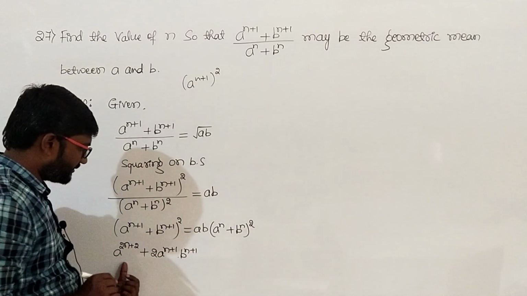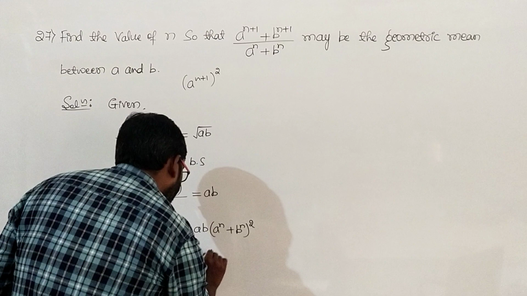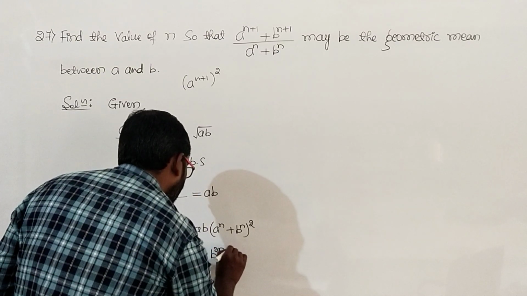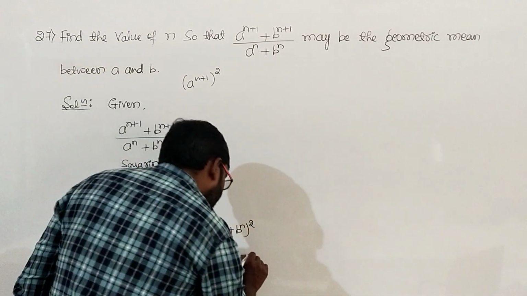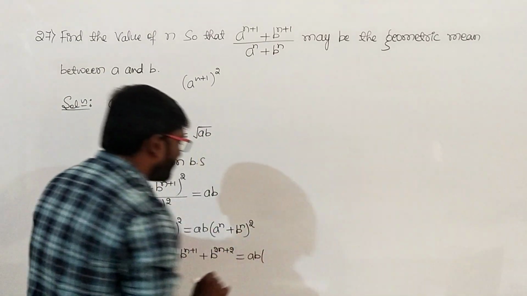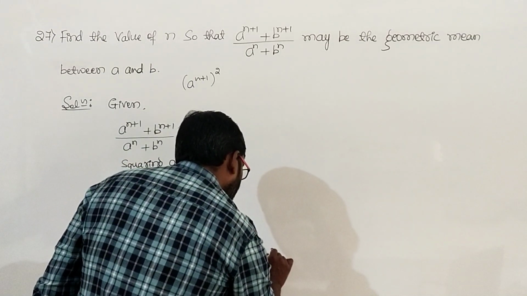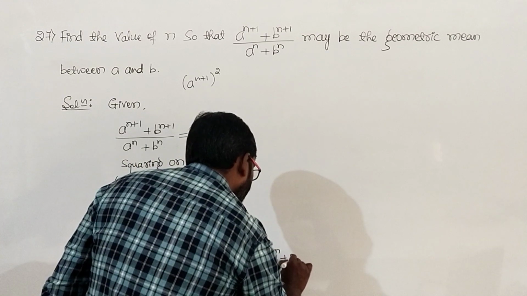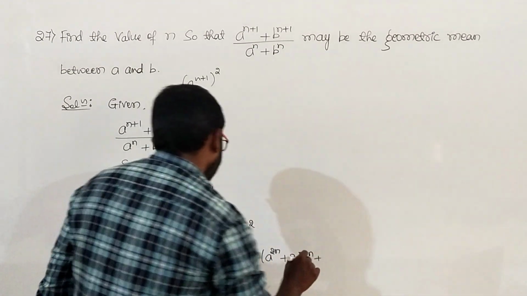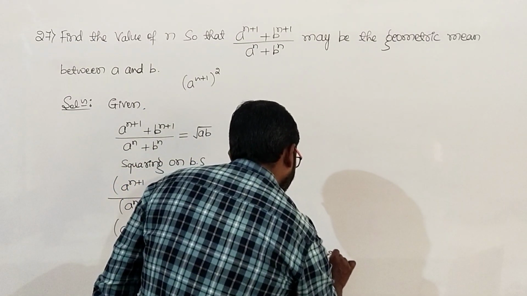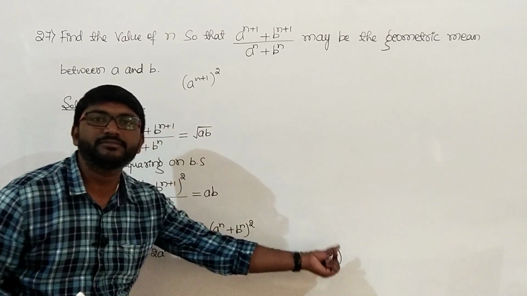So a square plus 2ab plus b square, you get b raised to 2n plus 2, which is equal to, now ab write it as it is, then here apply the a plus b whole square formula. So we get a raised to 2n plus 2 into a raised to n b raised to n plus b raised to 2n. So now in the next step we have to multiply ab with all the three terms.